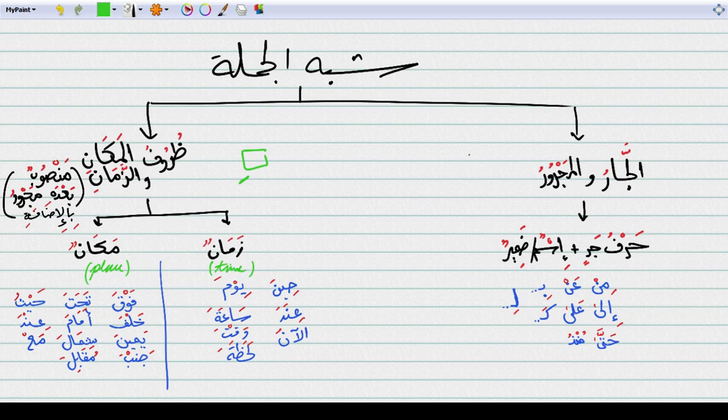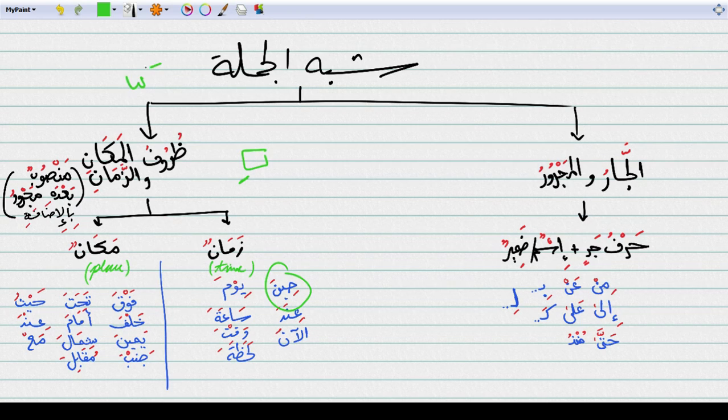For جار مجرور, it's just because. For ظرف الزمان والمكان, it's because this word becomes like the owner of the next word. So if you go to the previous lesson, you would see an example.